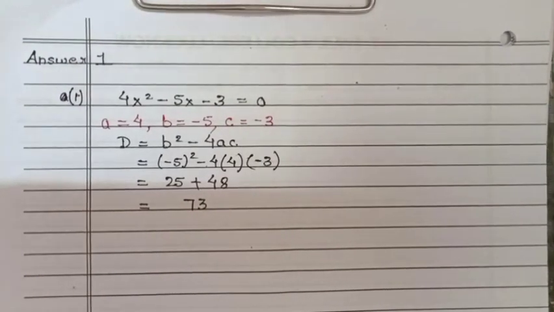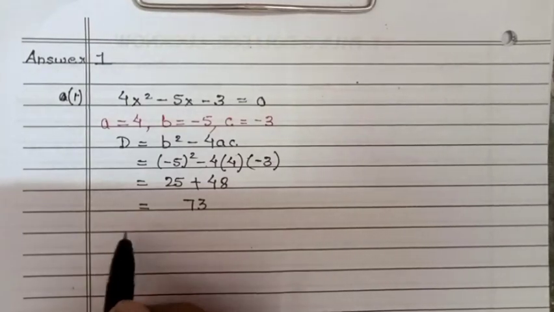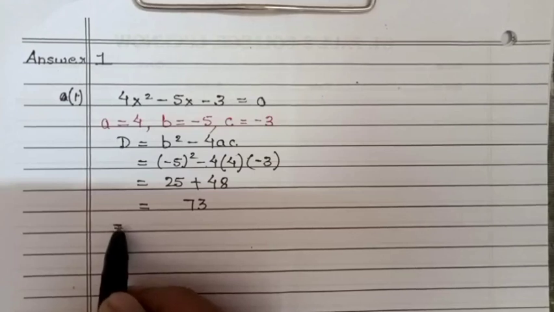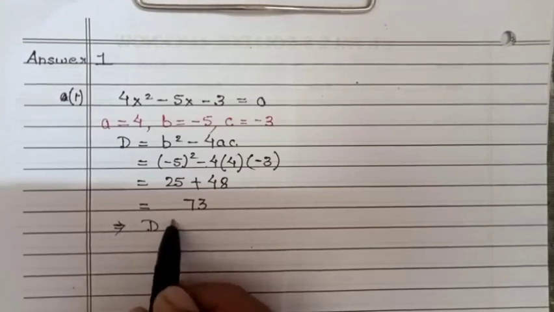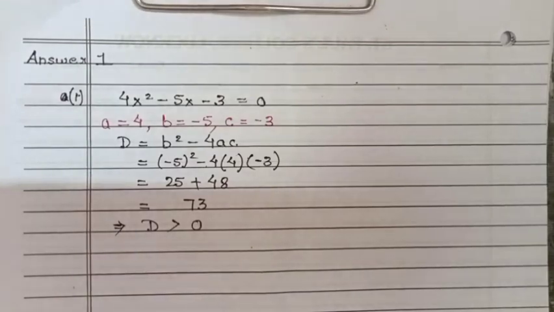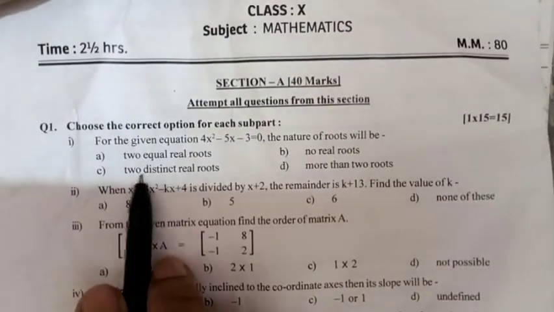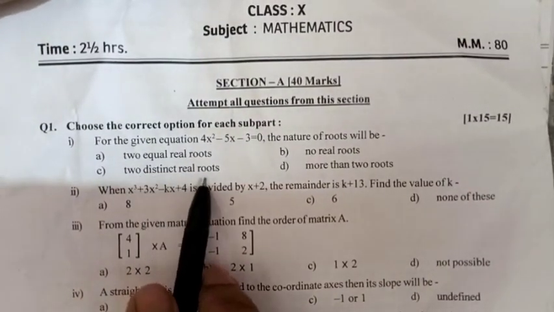Now if you see, the discriminant that you are getting is greater than 0. Whenever the discriminant is greater than 0, we can say about the nature of the roots that we will be getting two distinct real roots.